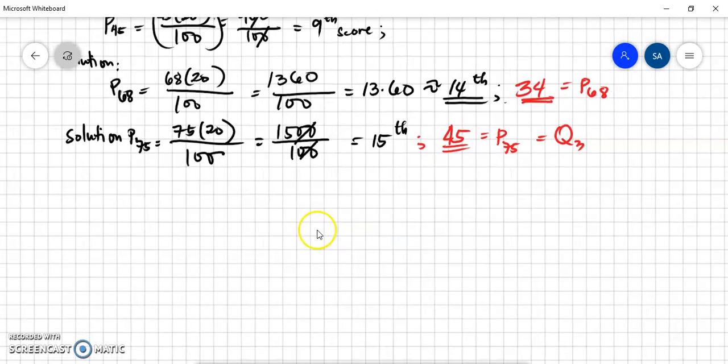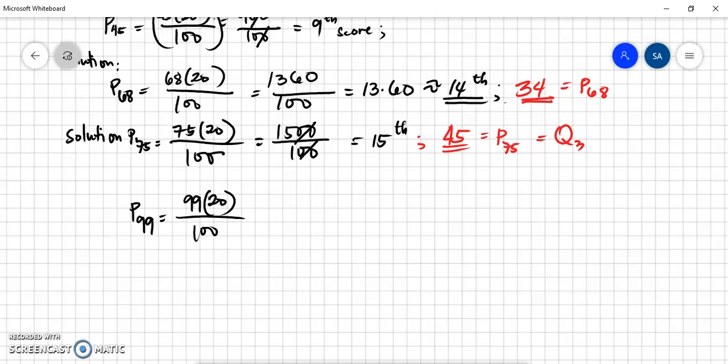What if hanapin natin yung top 1? Siyempre, yung top 1 natin is P sub 100. Pero wala namang ganun. So, around that top 1, ang nasa percentile natin is P sub 99. We want to find the scores for P sub 99. Top 1, may pinakamataas na score. Pero hindi na natin siya kailangang hanapin actually. Limbawa lang.